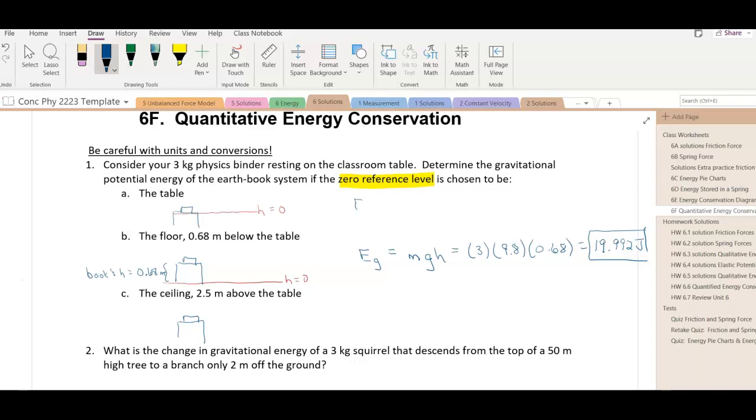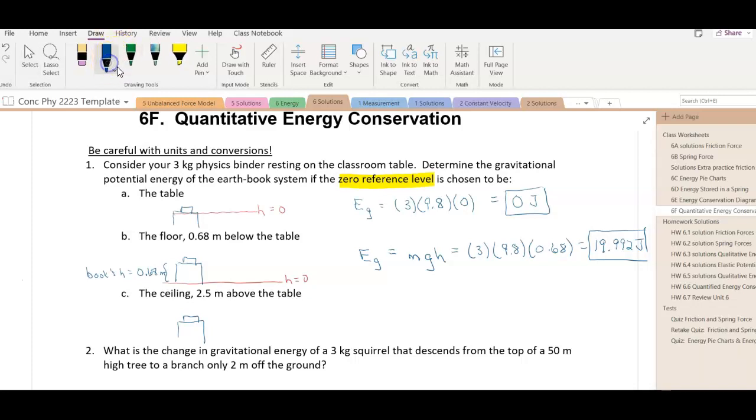And so in this case, with the table defined as our 0 reference level, well, the book has a height of 0, right? It's on the table. It's at the same level where we are defining h to be 0. And so we'd say, oh, well, right now it doesn't have any gravitational potential energy.